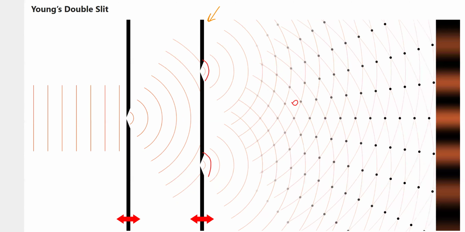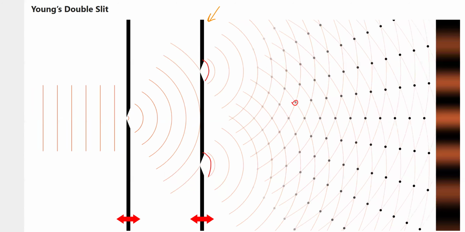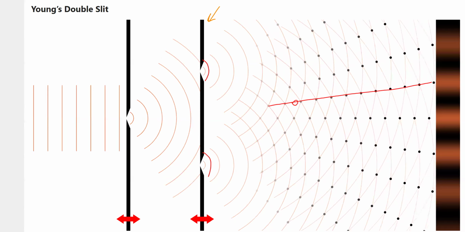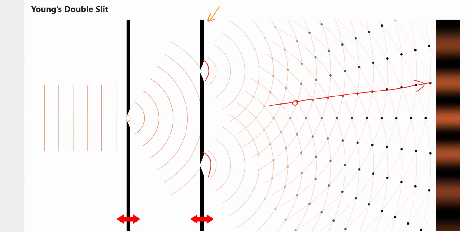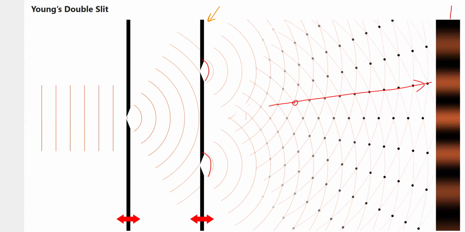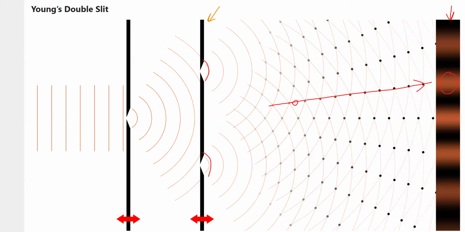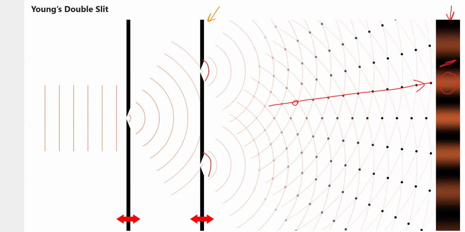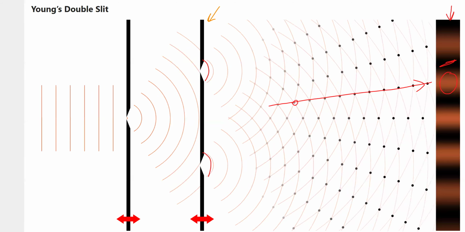At interference, we have destructive and we have constructive. When they interfere at this point, we call it constructive, and it gives us light on the screen. So this is a bright band and this is a dark band. When the interference is constructive, it gives us a bright band of light.